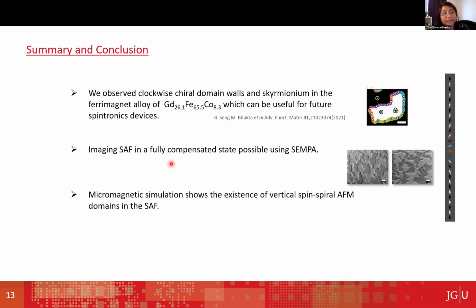Also, we could successfully image a fully compensated synthetic antiferromagnet, and we see Néel type homochiral domains, and the micromagnetic simulation shows evidence of vertical spin spiral structures, like 3-dimensional structures in synthetic antiferromagnets, which still need to be explored.